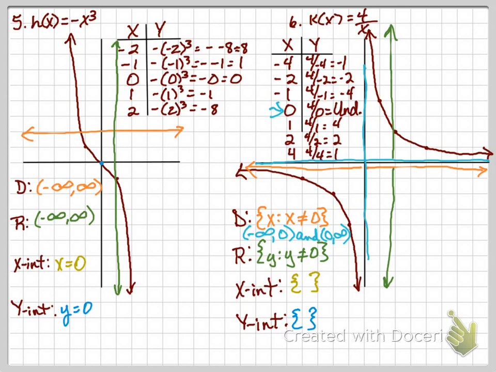So my x-intercept is the empty set, and the y-intercept is also the empty set. Alright, that takes care of those first graphs.